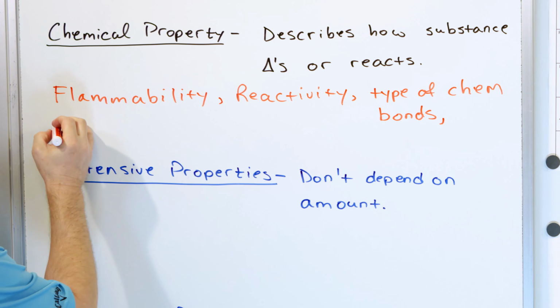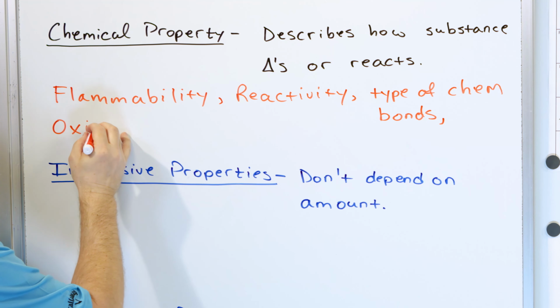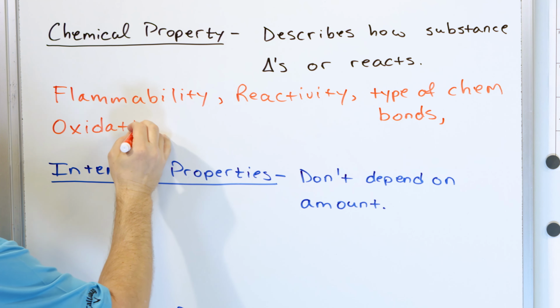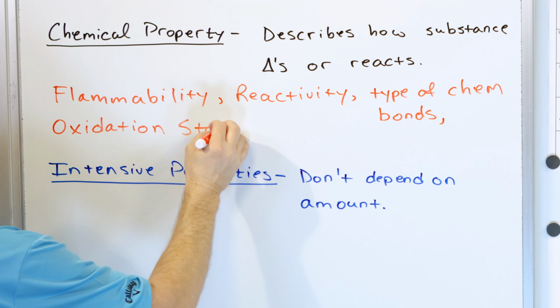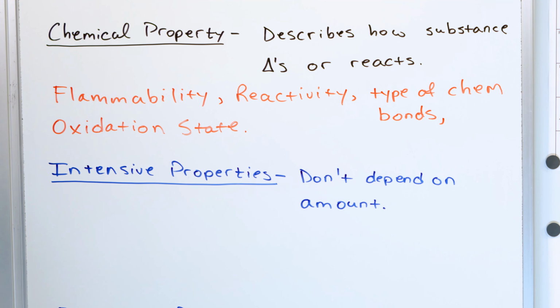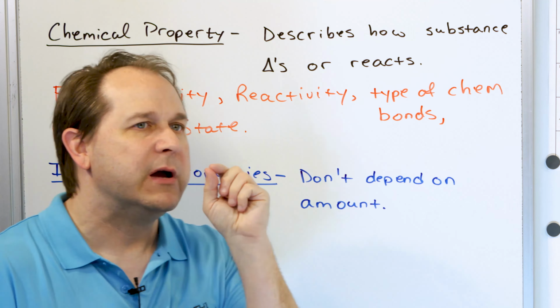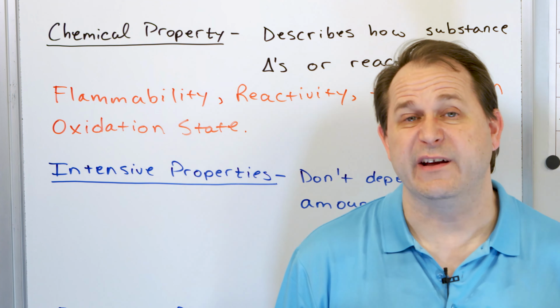One final example, we're going to talk about something later called an oxidation state. Once again, this oxidation state is all about how it likes to give and take electrons, essentially.